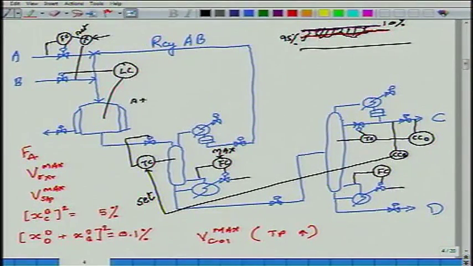Well, A plus B goes to C, C plus B goes to D. Now tell me, is that ratio more than 1, exactly 1, less than 1?